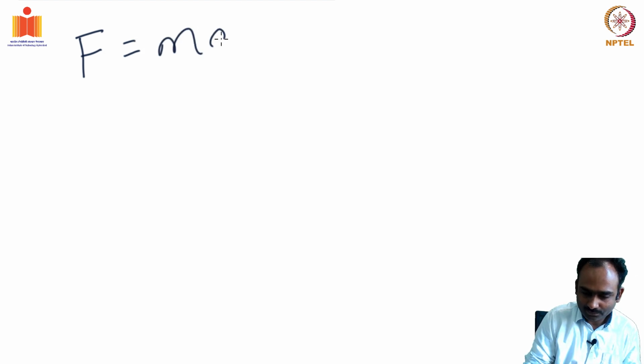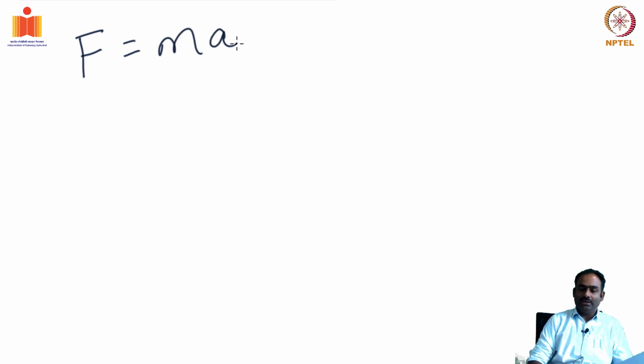So let me start by recollecting what we already know, what you all have seen in your physics courses. So I start by writing this very familiar equation. That's Newton's second law, which says that the acceleration, which is a vector quantity, okay.